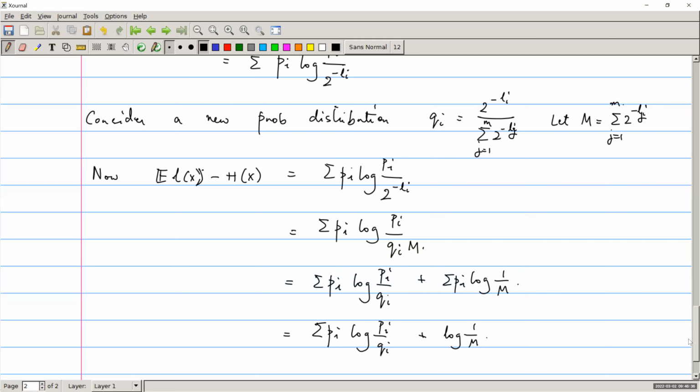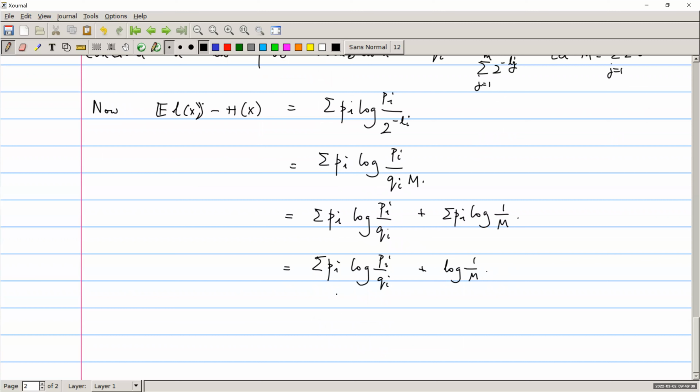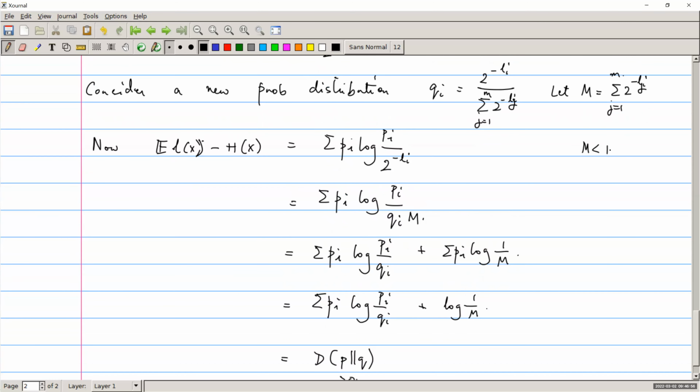Now two things. The first term is the KL divergence between P and Q. KL divergences are always greater than or equal to 0. For the second term, from Kraft's inequality, 2 to the minus code word length summed over all code words is less than or equal to 1. So m is less than or equal to 1. Okay, 1 over m is greater than or equal to 1.